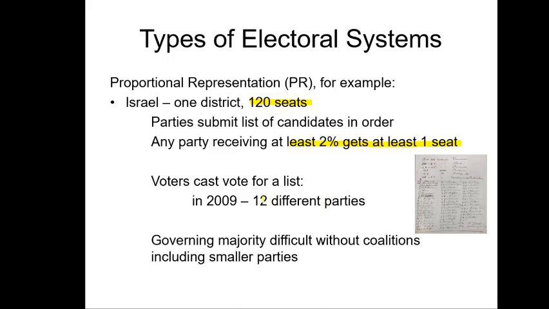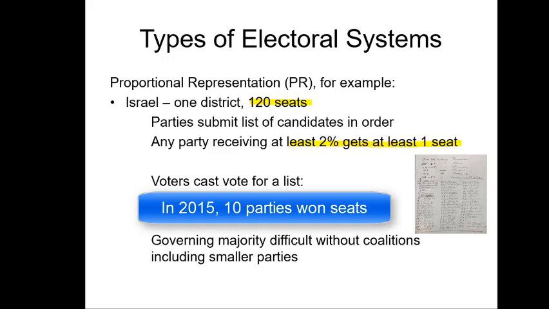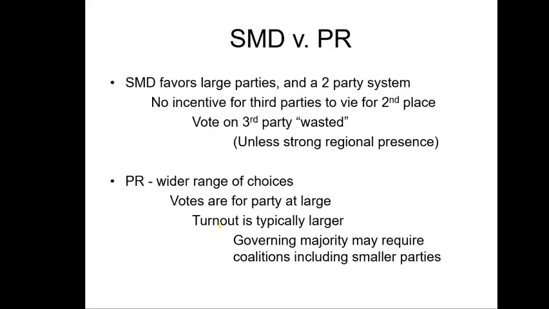So in 2009, you can see the chart in the book there, 12 different parties garnered enough votes to have seats in their parliament.